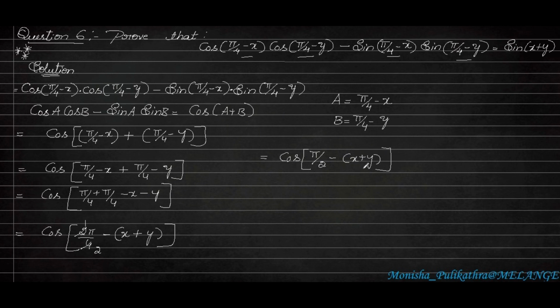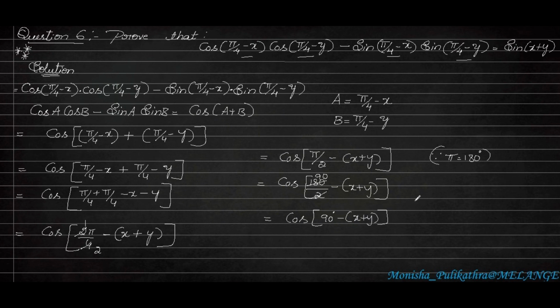We know that pi is equal to 180 degrees, so 180 degrees divided by 2 is 90 degrees. This becomes cos(90 degrees minus (x plus y)).